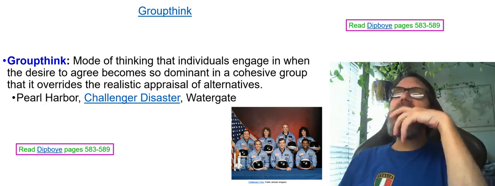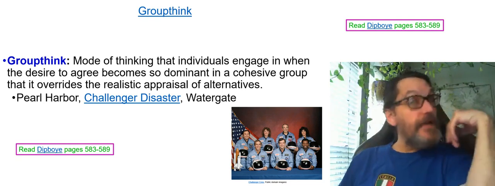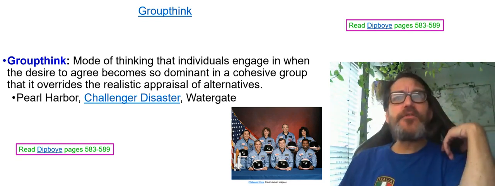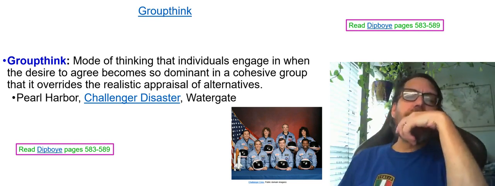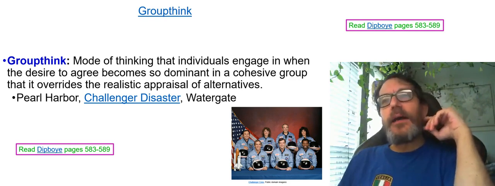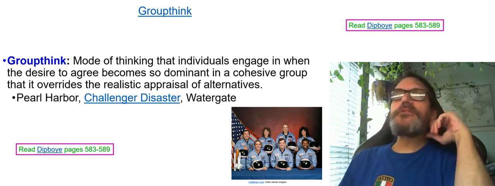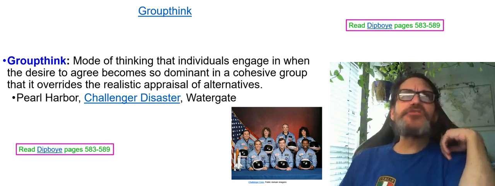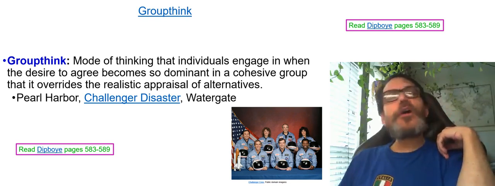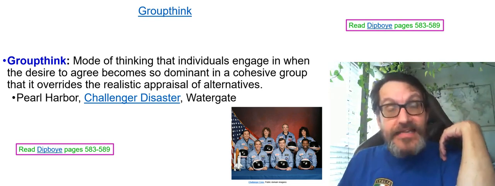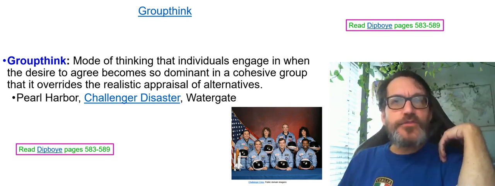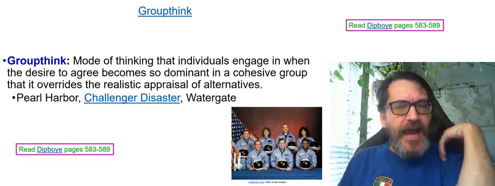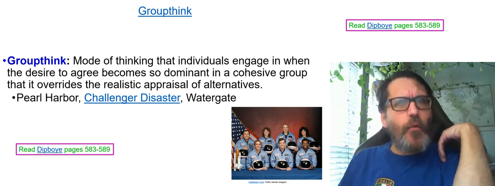But one of the negative outcomes of groups, and in particular highly cohesive groups, is called groupthink. It's a mode of thinking where individuals agree with each other because they're so cohesive, the norm is to not disagree, perhaps. And so alternatives are not considered, which is why you need to have that one extreme outsider who's going to always throw the bomb on the group and say, I know you think that's the best answer, but what about this?